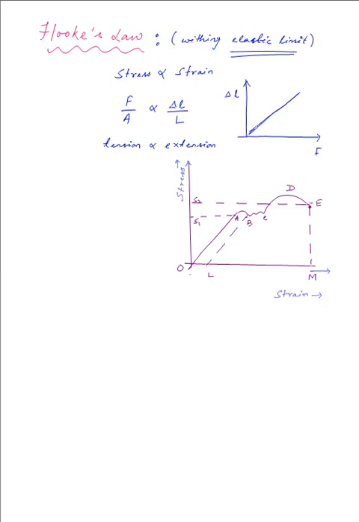So in this case, any given object is subjected to an external stress. It follows Hooke's law and exhibits the elastic behavior, and that is in the region from O to A, where it is changing directly with respect to the applied stress.